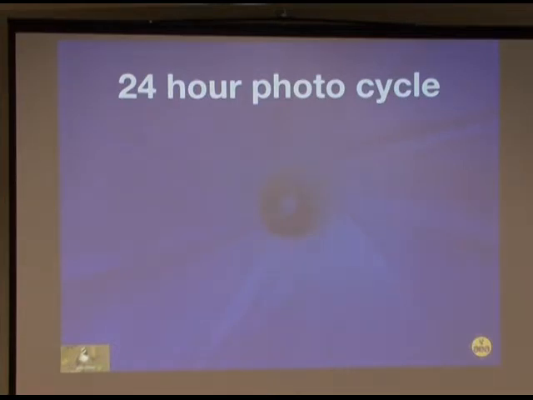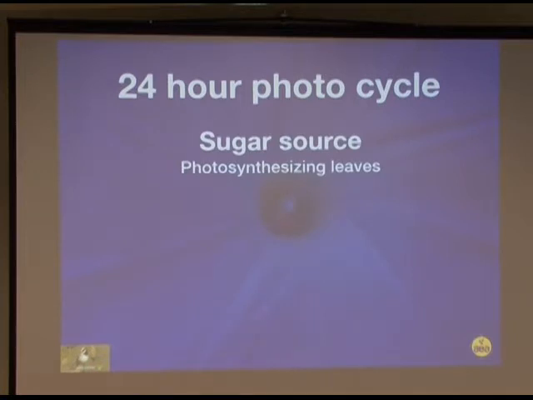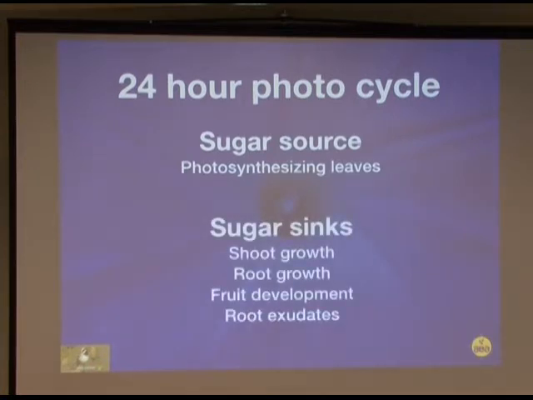The next piece that is also really important to understand is that each plant has a 24-hour photoperiod, a 24-hour photosynthetic cycle. There are three different periods within each 24-hour photosynthetic cycle.